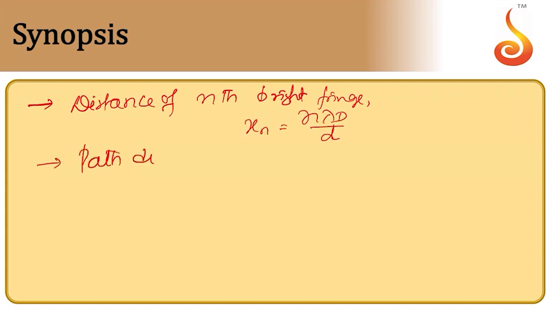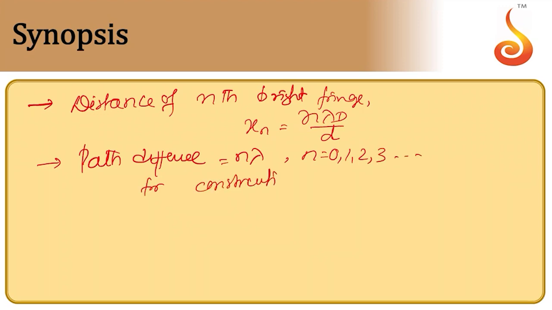Path difference is equal to n lambda, where n is equal to 0, 1, 2, 3, 4, etc., for constructive interference or bright fringe.